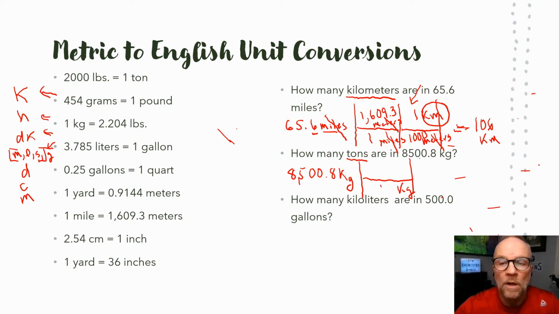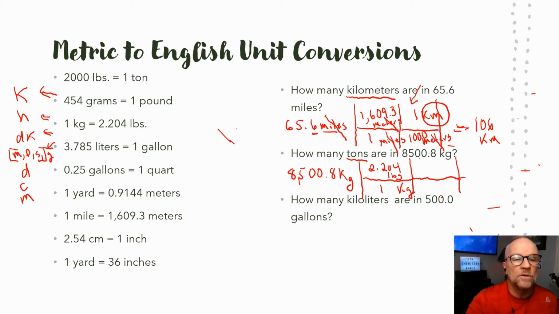We say 1 kilogram is equal to 2.204 pounds. Then we need to look for pounds, and we need to look for tons, or something we can get into tons. The first one here is 2,000 pounds is equal to 1 ton. That will be an easy one to do.